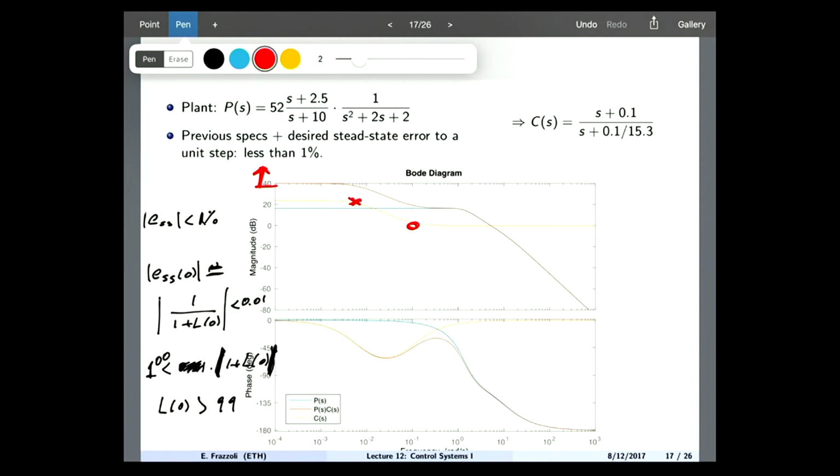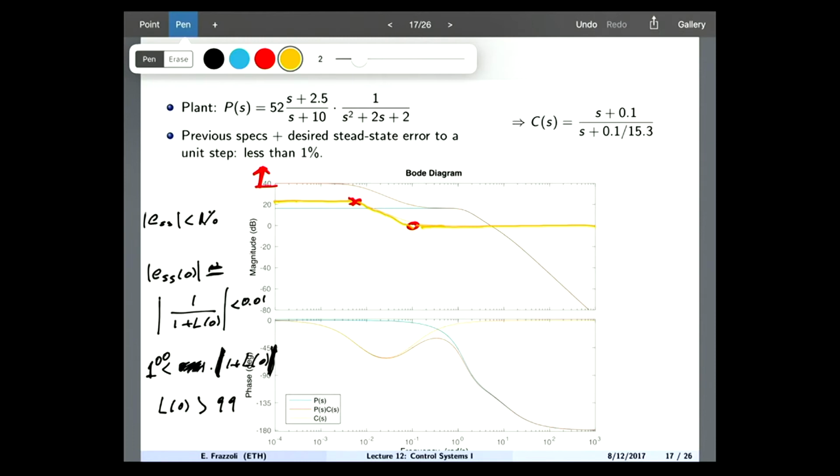So you see that the asymptotic Bode plot for the compensator starts at 15.3 or whatever the number is, goes down when it meets the pole, and then flattens out again at 1. What is the effect of this on the Bode plot of my loop transfer function?